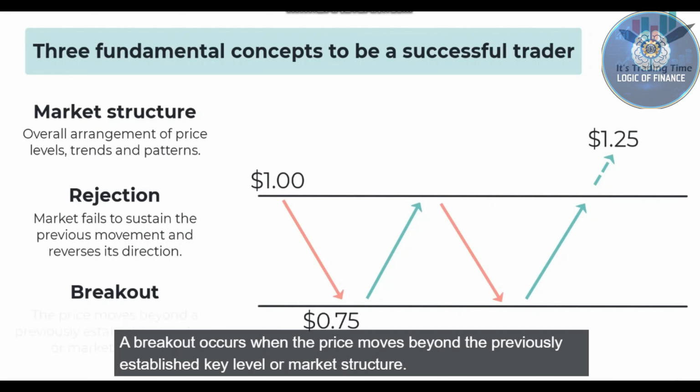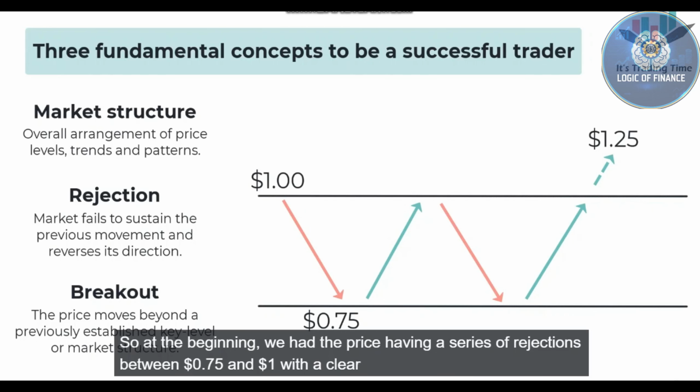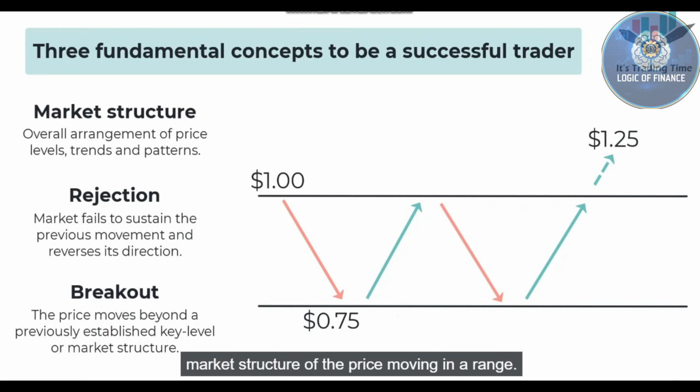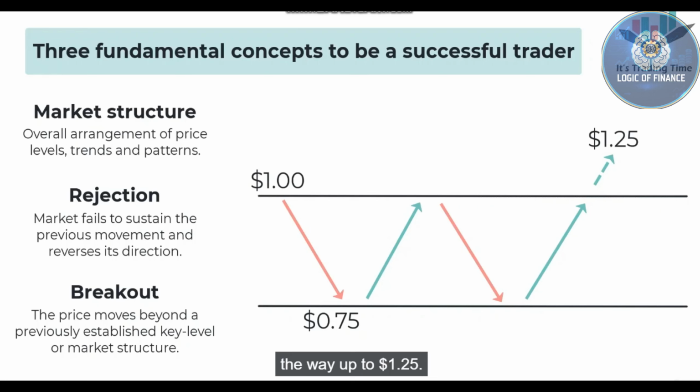A breakout occurs when the price moves beyond the previously established key level or market structure. So at the beginning, we had the price having a series of rejections between 75 cents and $1 with a clear market structure of the price moving in a range. Then we have a breakout, with the price breaking through the previous market structure and going all the way up to $1.25.